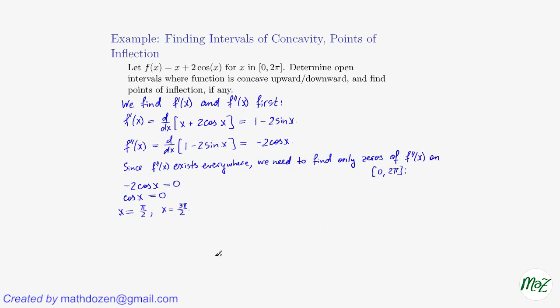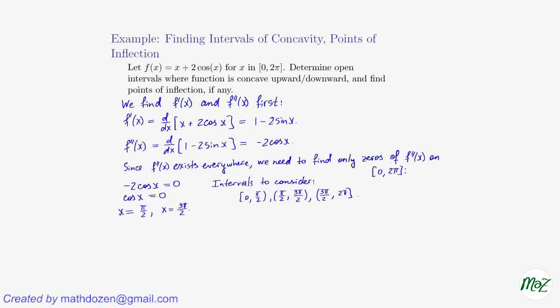And this equation has solutions x equals pi over 2 plus pi n, where n is some integer. And the only two solutions that are between 0 and 2 pi are x equals pi over 2 and x equals 3 pi over 2. That will give us the intervals.